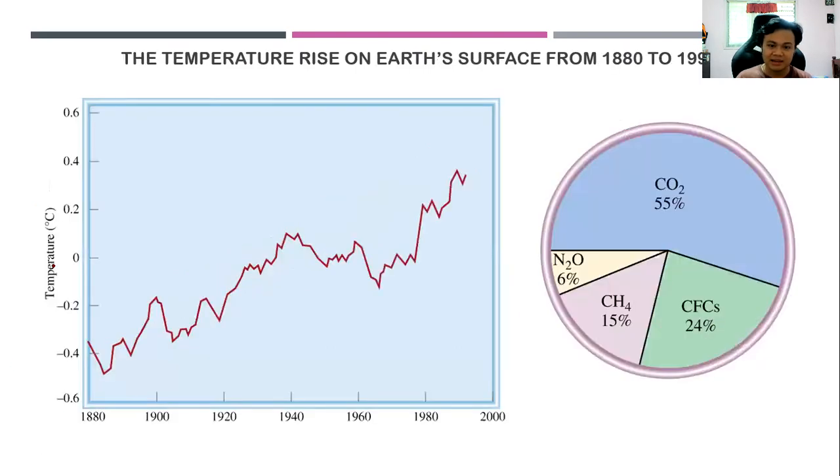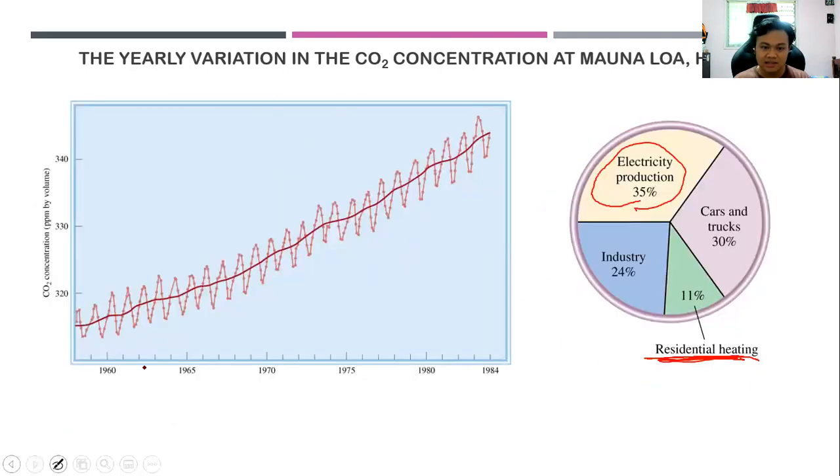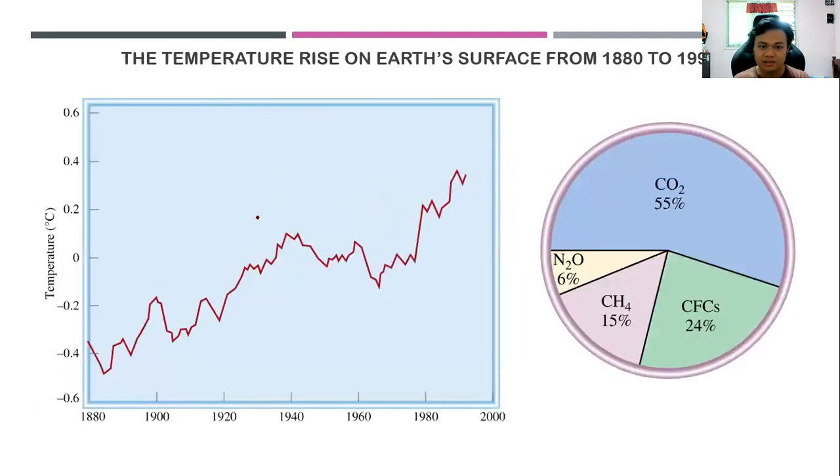Di ba? And then there is also the temperature. You can see that as the CO2 levels rise, the global temperature also rises. This is recorded from 1880 to 1996.